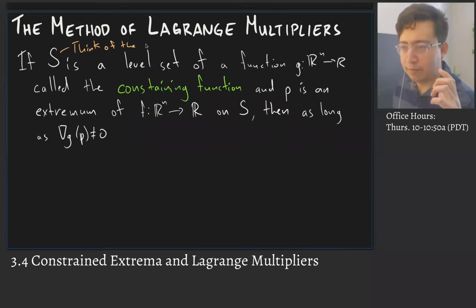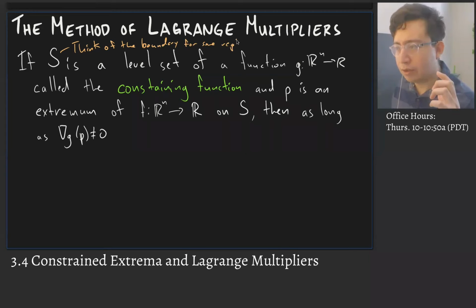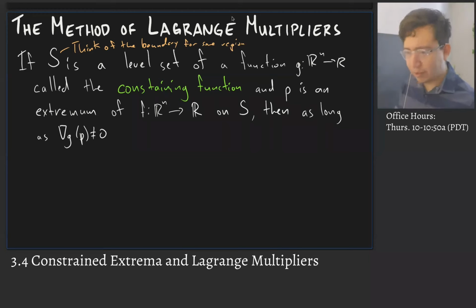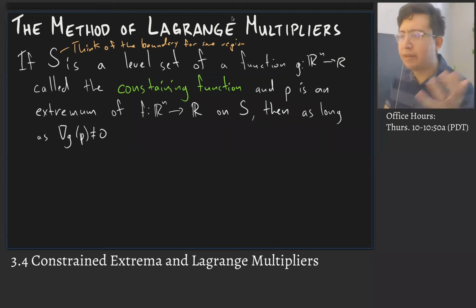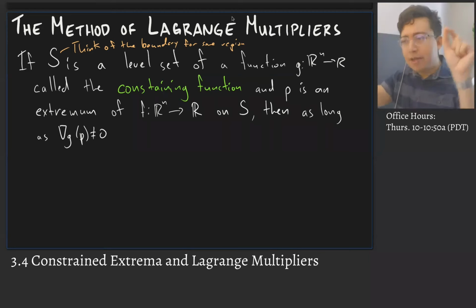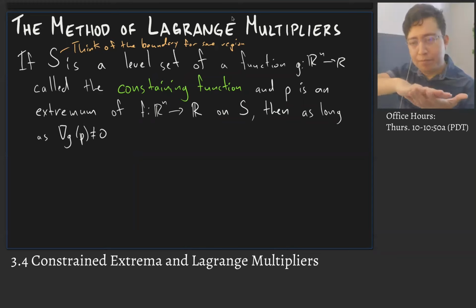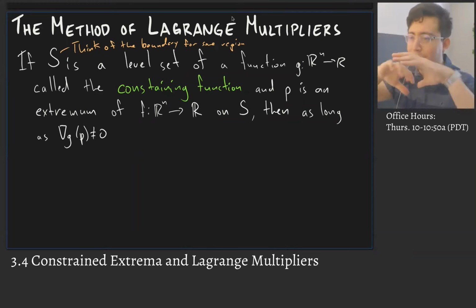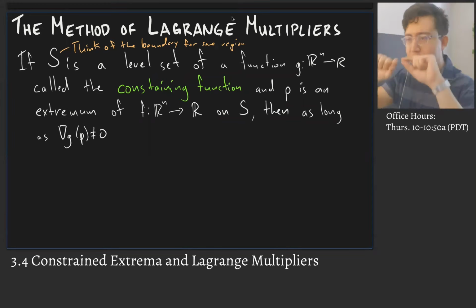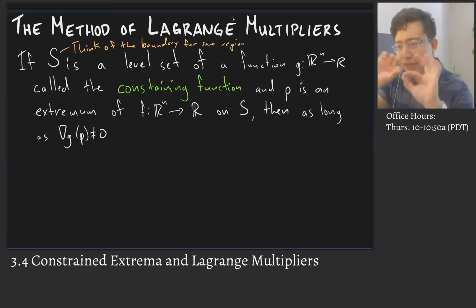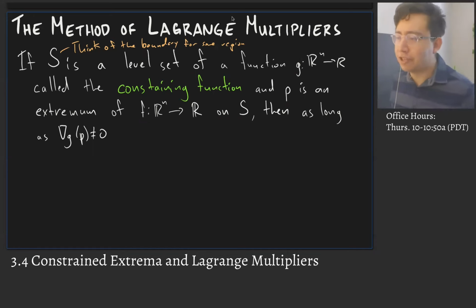In its purest form, the method of Lagrange multipliers is just about the boundary of some region. We're going to combine this with what we know about critical points and finding stuff in the interior to figure it out across a whole region. But the method of Lagrange multipliers is specifically for the boundary of some region.